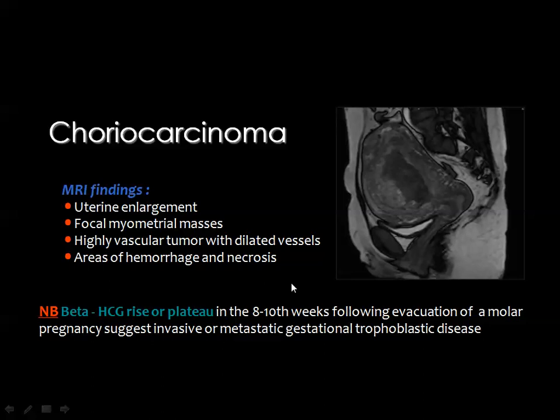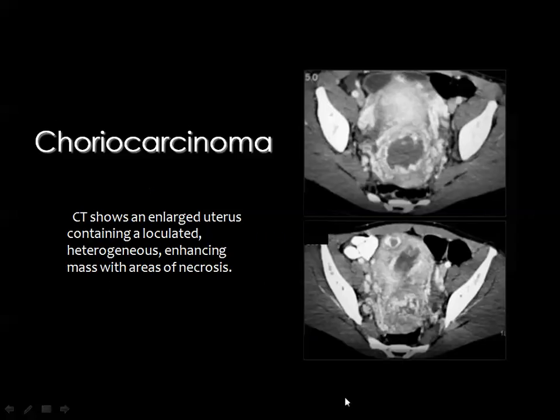The high beta human chorionic gonadotropin, which is still rising or reaching a plateau in about 8 to 10 weeks following evacuation of a molar pregnancy, suggests the development of invasive or metastatic trophoblastic disease.